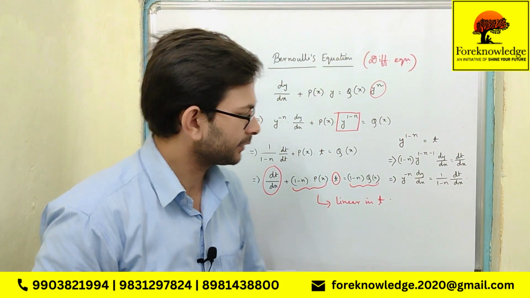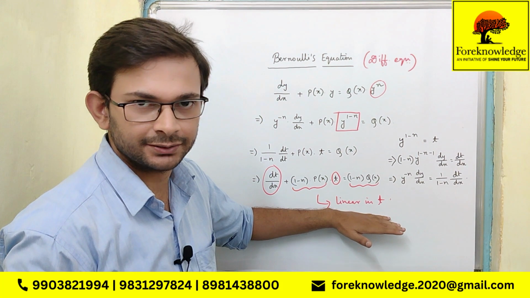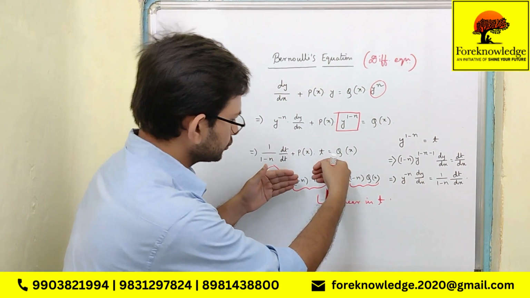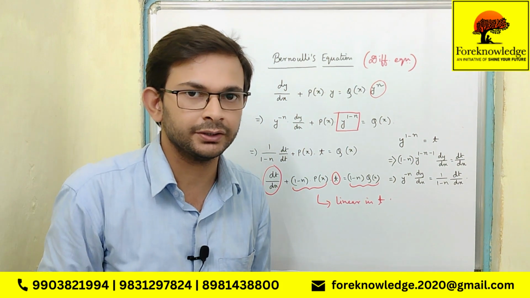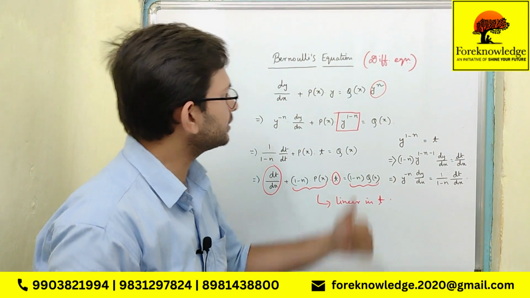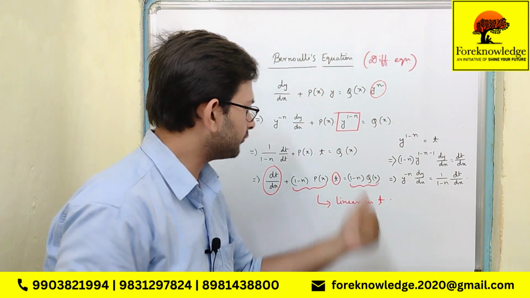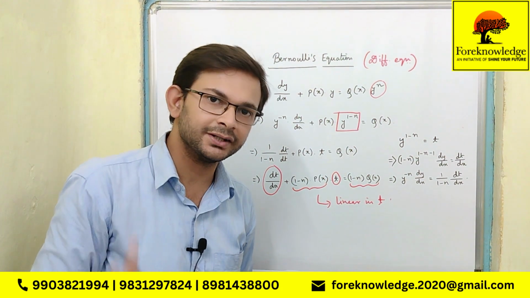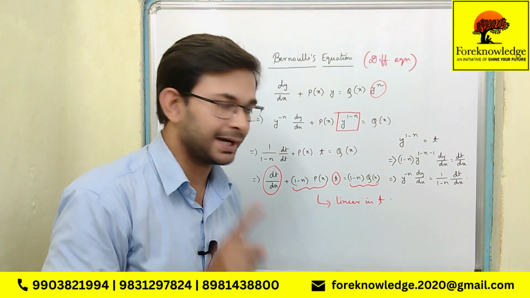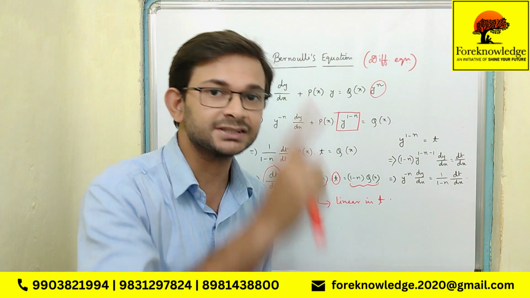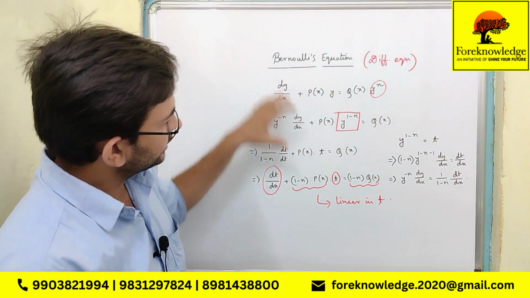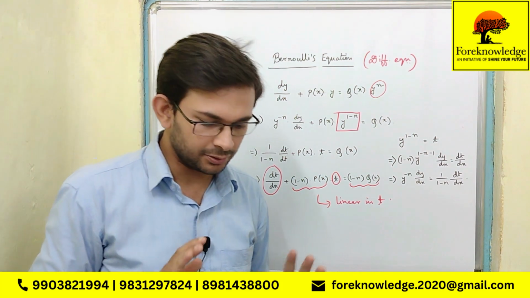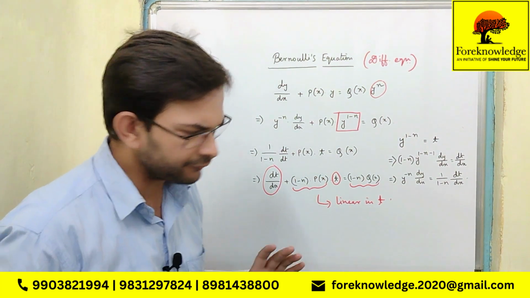Up to this, if this is clear, I am not going to show how to solve the first order linear differential equation. That's not my point. My point is how to convert Bernoulli's equation to a first order linear differential equation, and then we'll apply this and solve an example. So this conversion, is it clear or not? What have we done?